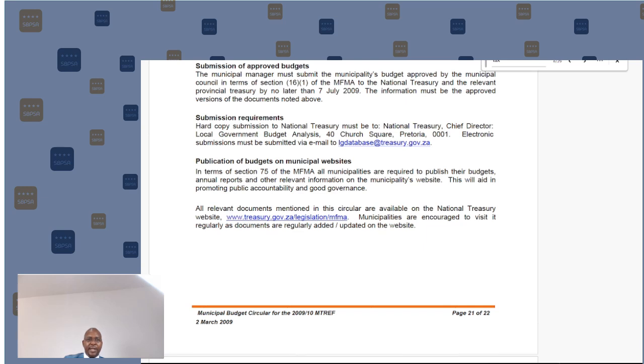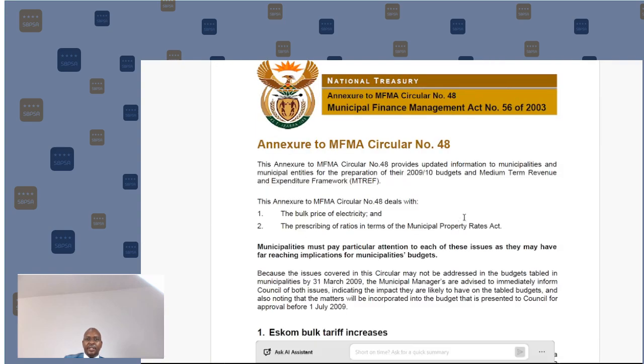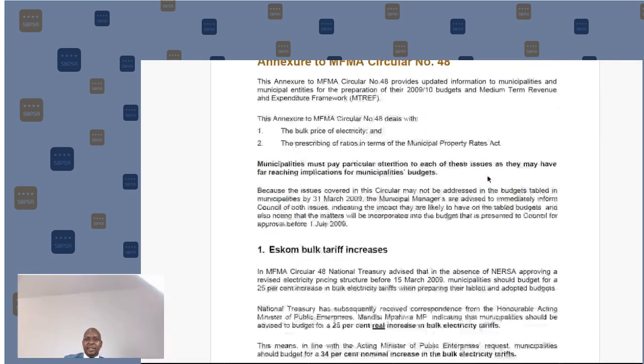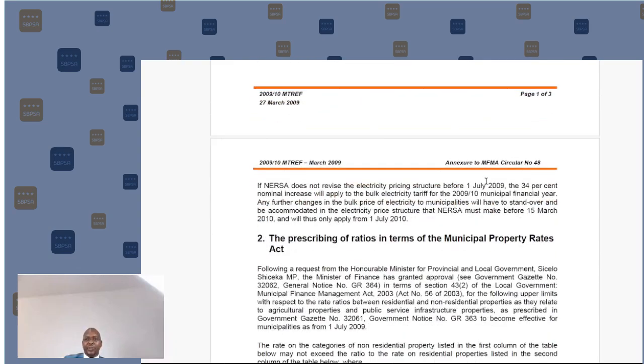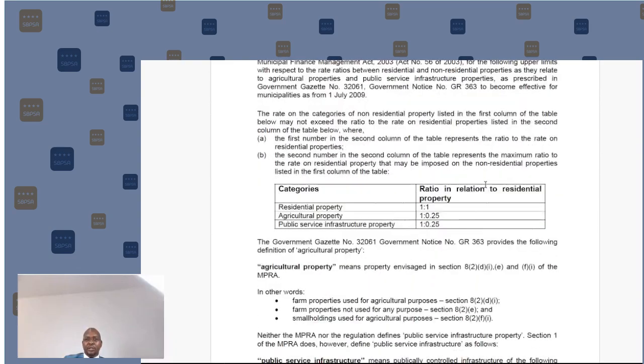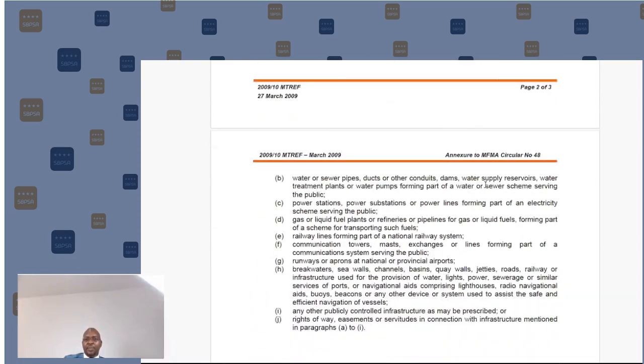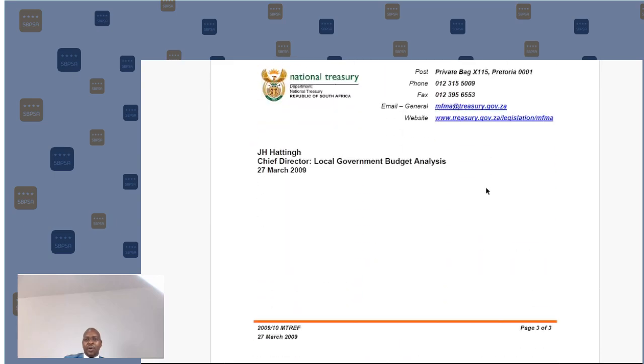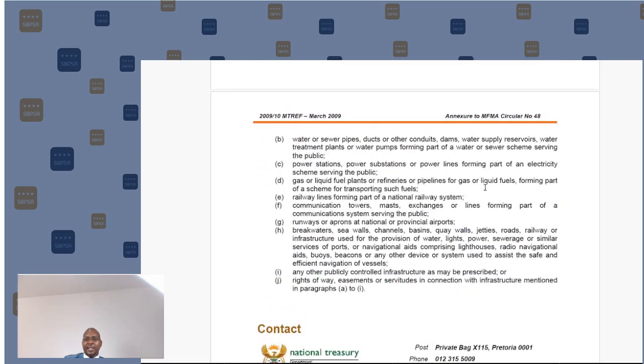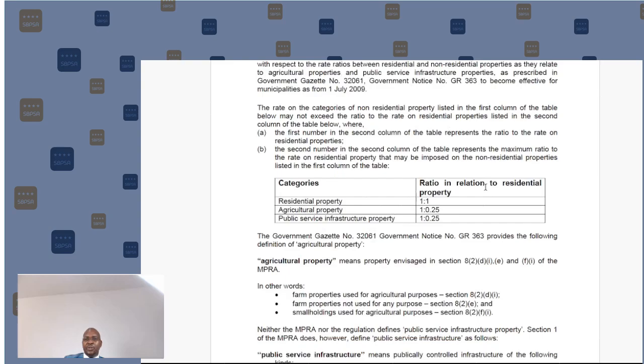M are the time frames. N is also an annexure to the circular. This annexure, there isn't really much we are going to do about it, because it just talks more about other things that are dealt with by circular 48.